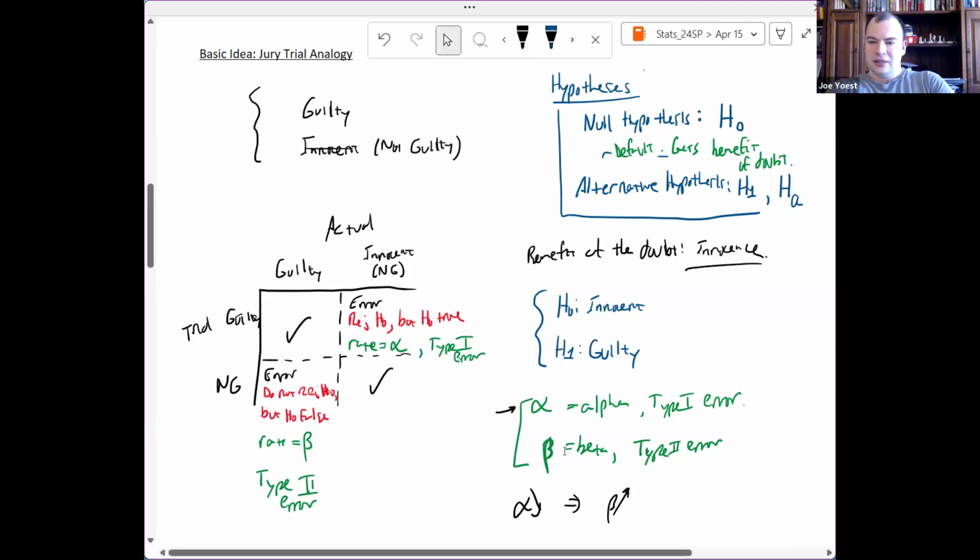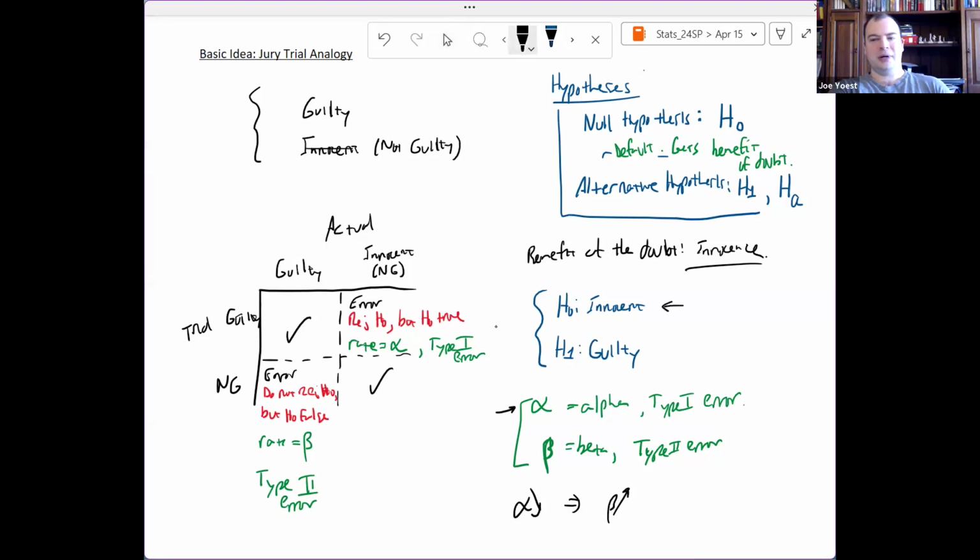So again, this analogy to a jury trial is a pretty good one. We have a null hypothesis of innocence, an alternative hypothesis of guilty. If the evidence that we collect is in line with the person being innocent, we continue forward believing they're innocent, or continue forward under the presumption they're innocent.